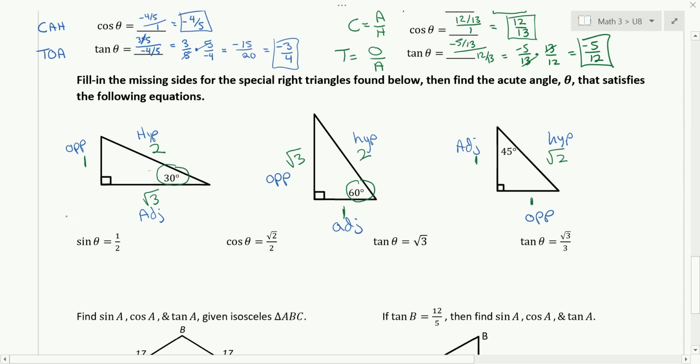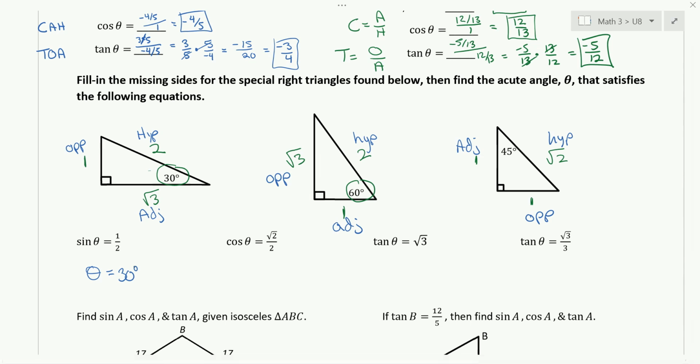Okay. We know that the sine is opposite over hypotenuse, and so if we look at our triangle here, the opposite is 1, the hypotenuse is 2, and it just works out perfectly. So we know it goes with that first triangle, and so we know that our angle theta is 30 degrees.